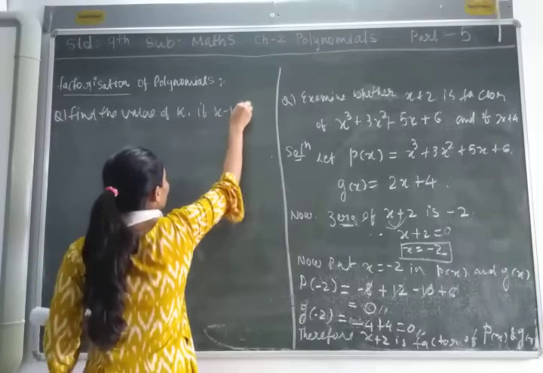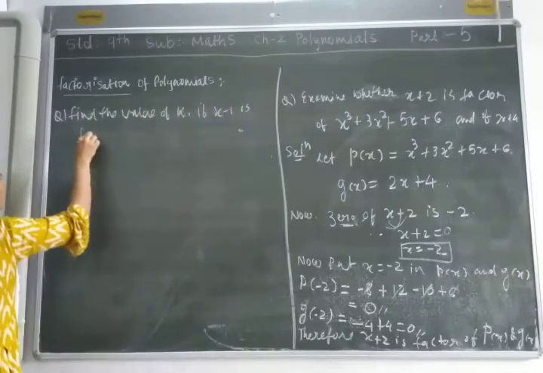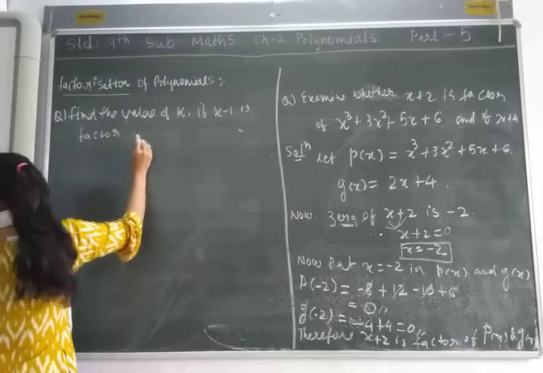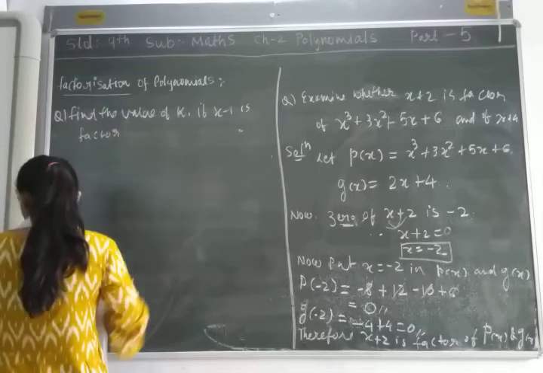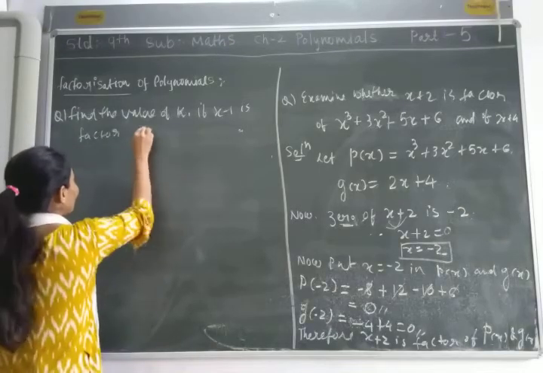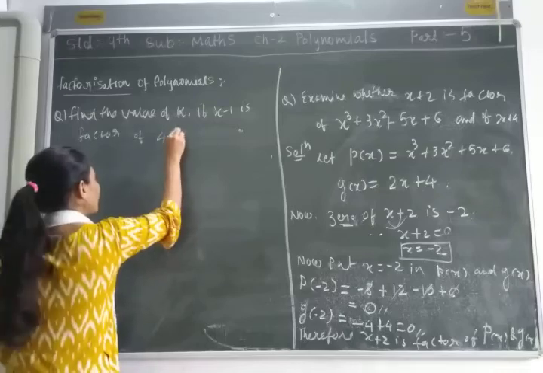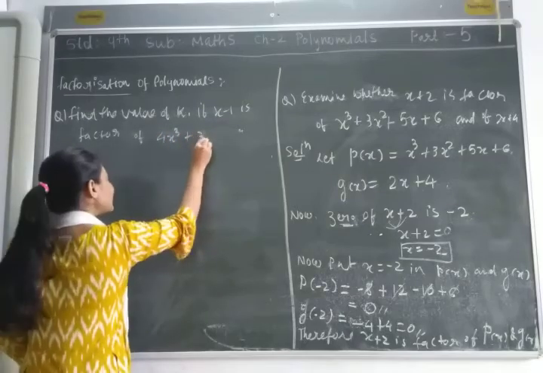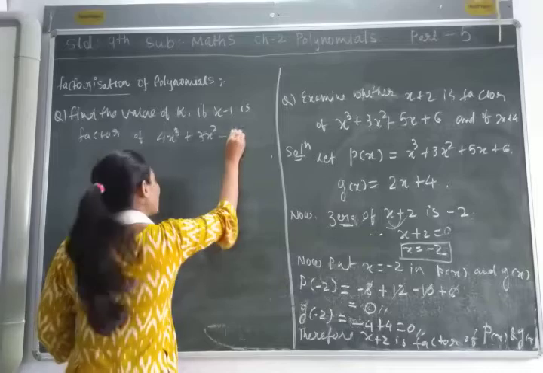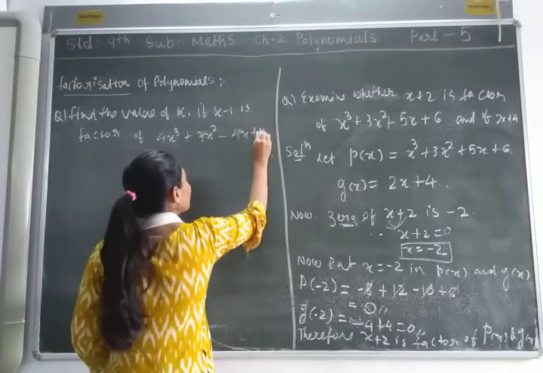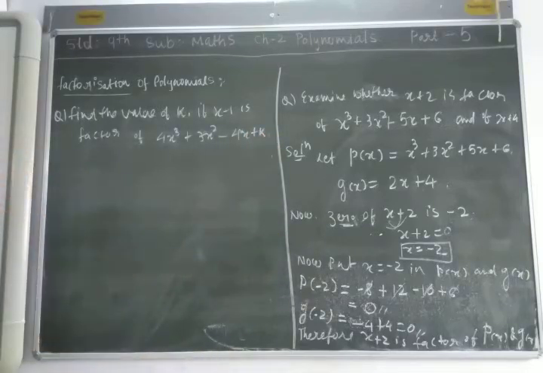If x minus 1 is a factor of 4x cubed plus 3x square minus 4x plus k.